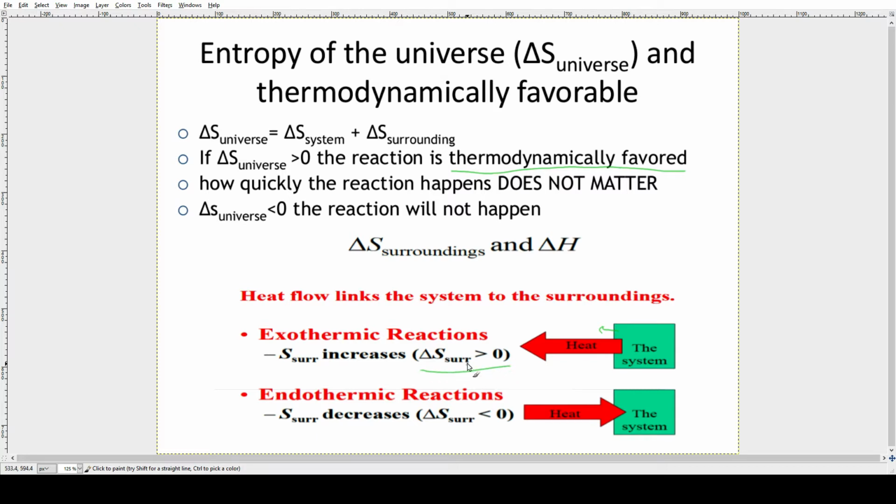So the surroundings would have a positive change in entropy. However, in an endothermic reaction, the surroundings are sending heat into the system. They're losing some of that energy, and so the particles of the surroundings might be slowing down and becoming a little more orderly. Boo, boring. And their entropy change would be less than 0.